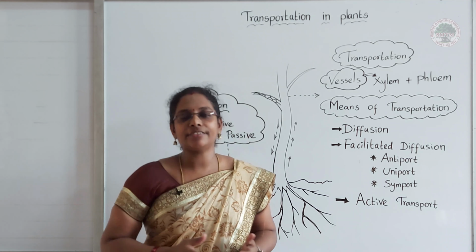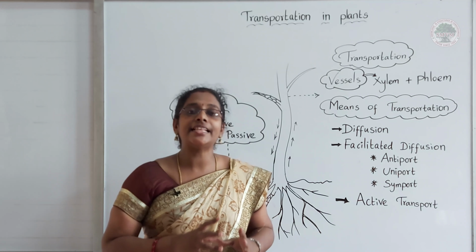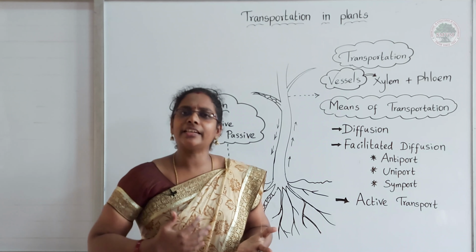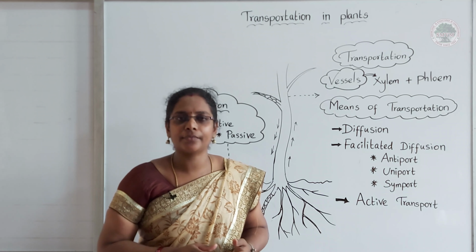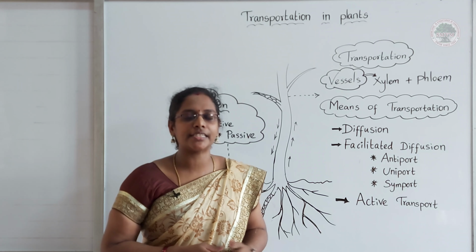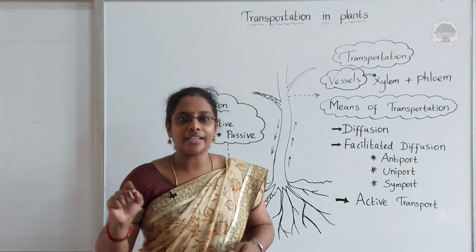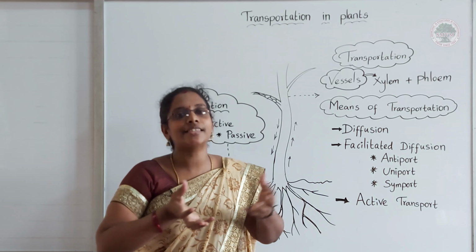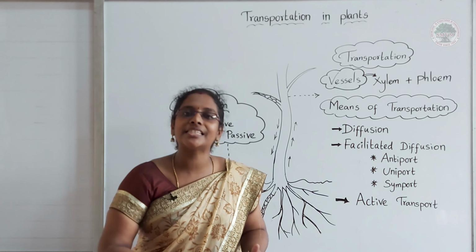In active transportation, the cells utilize energy. So what gives energy to a cell? We know, even from photosynthesis, we have learnt about ATP, that is adenosine triphosphate. So the cells utilize these molecules and produce energy.